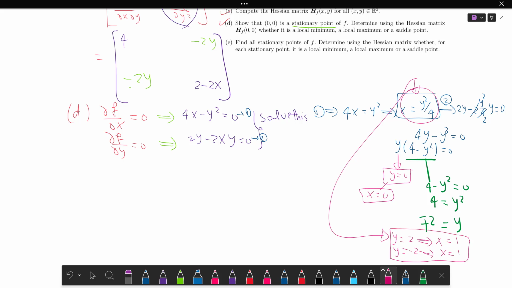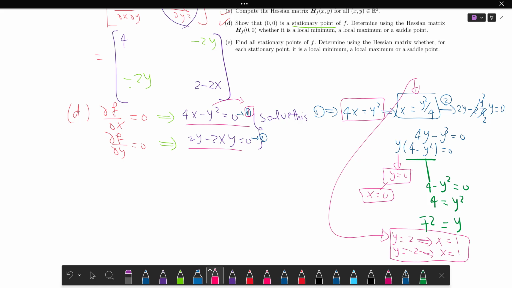From up to here, do you have any problem? Okay. Go for number 1 and move this one to the other side, right? This is what I have done. So I have x alone. x will equal what? y squared over 4, right?